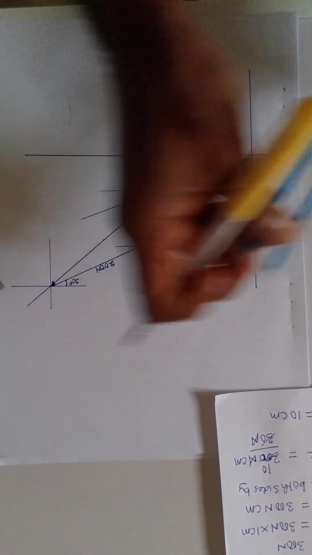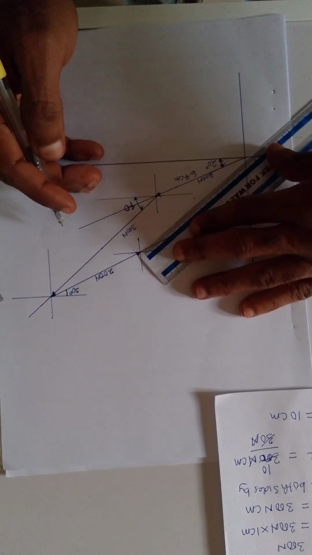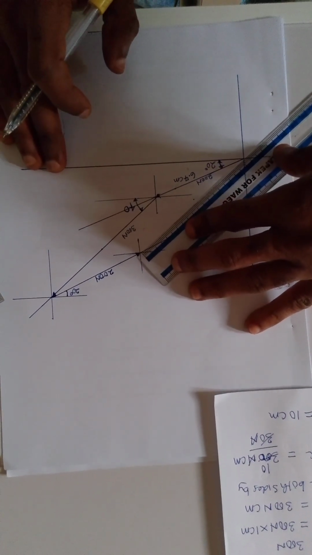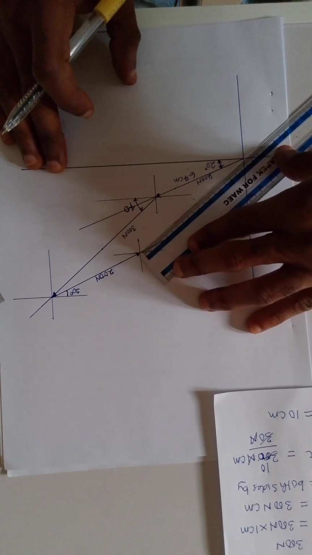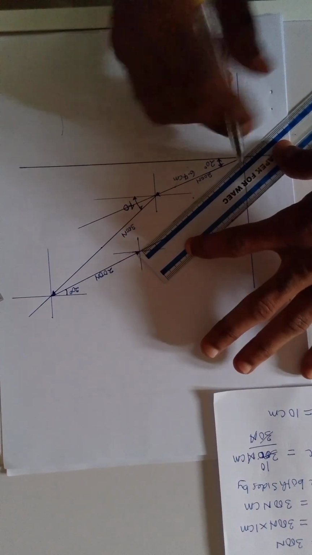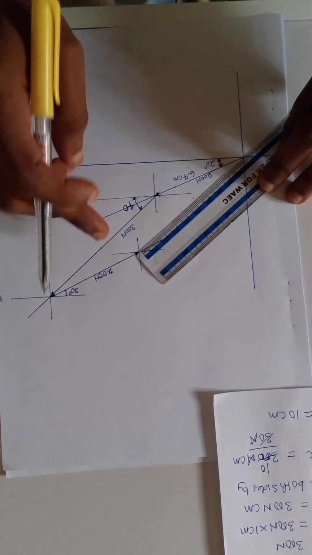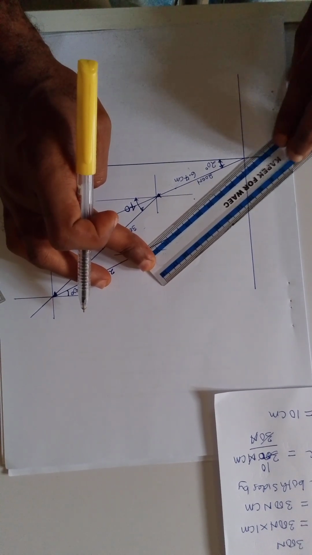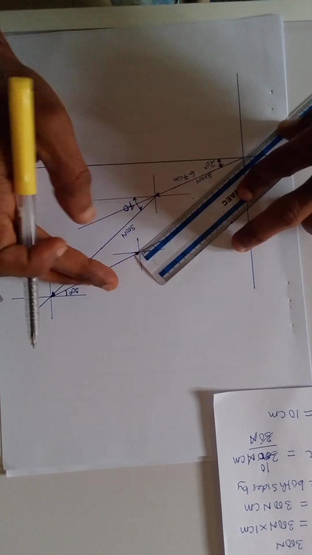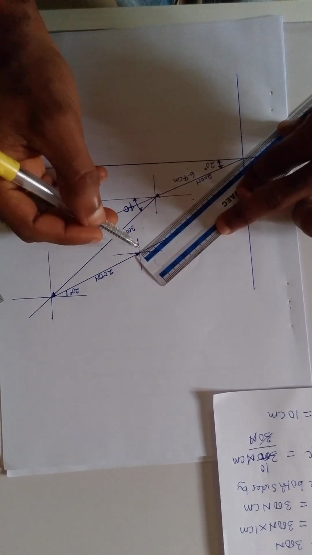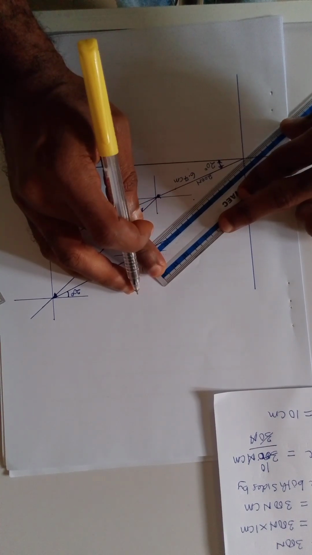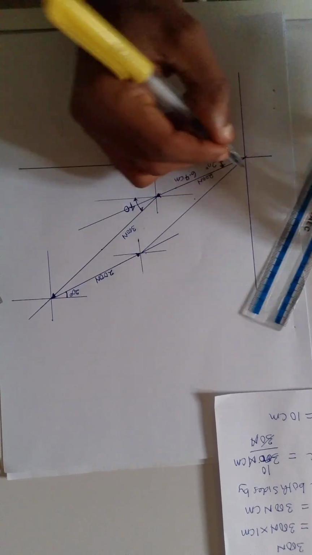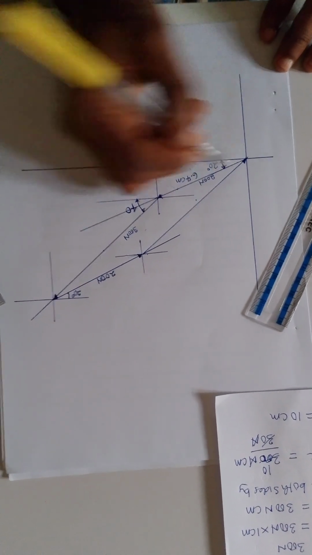So we draw a straight line to pass through it. If your construction is very correct, your straight line of 10 cm should terminate at this point. Maybe there will be some fractions of cm added because of error, but it should terminate at this point. So you draw it down to this point, and you have your arrow here.